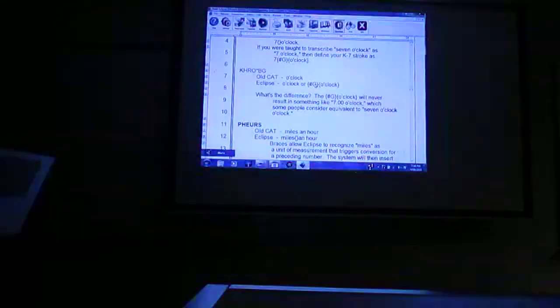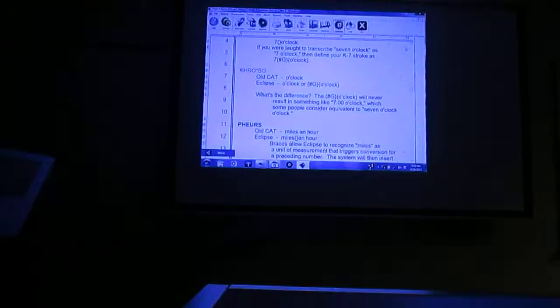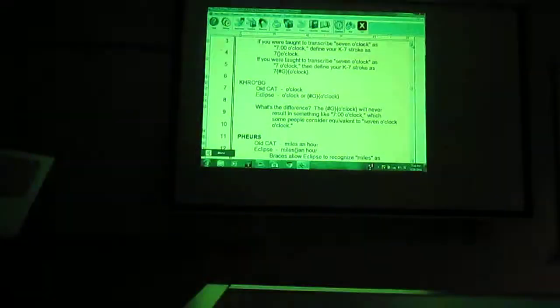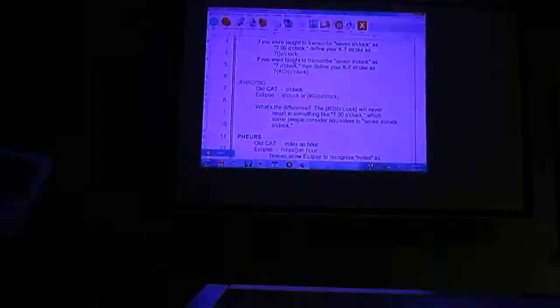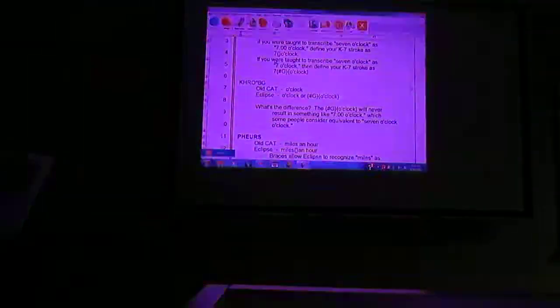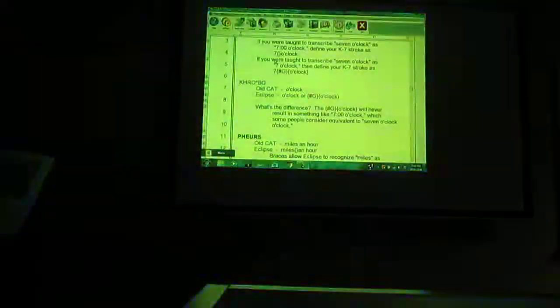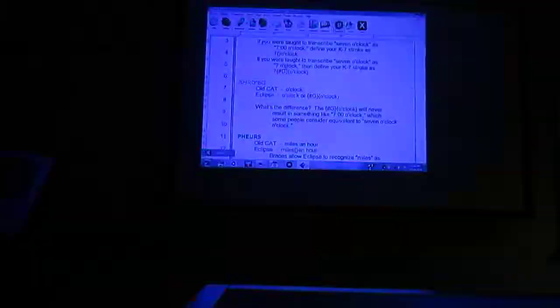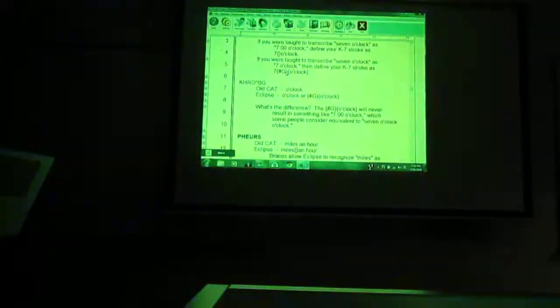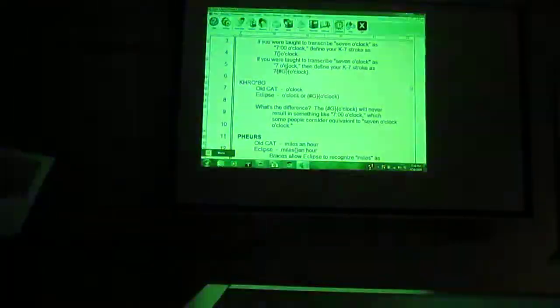So this is the way that it's going to set it up, if that's the way that you like it. When you define it like that, it's going to set it up like that.